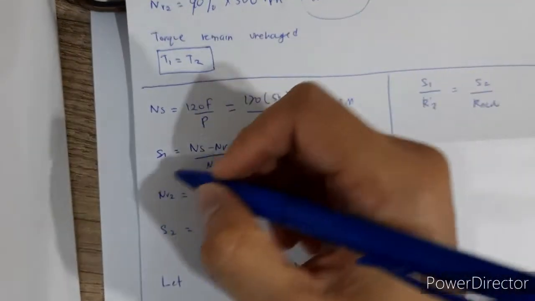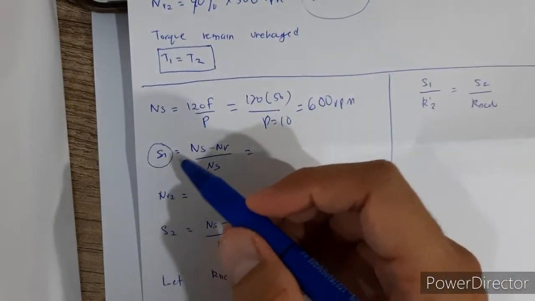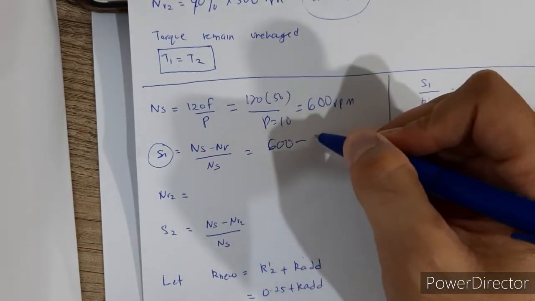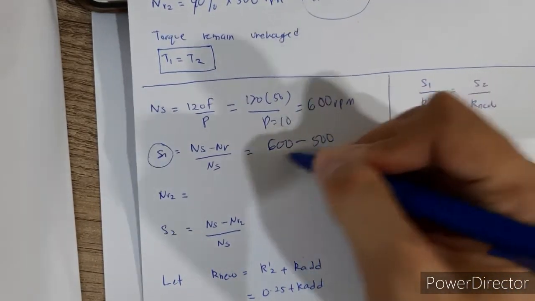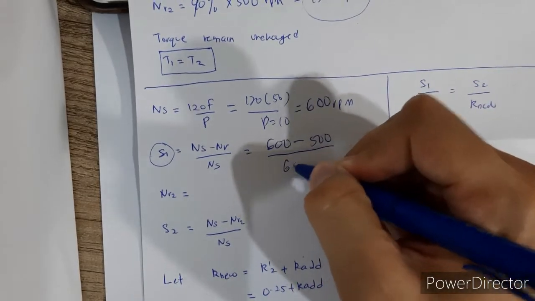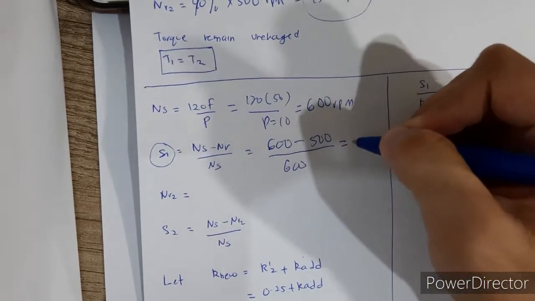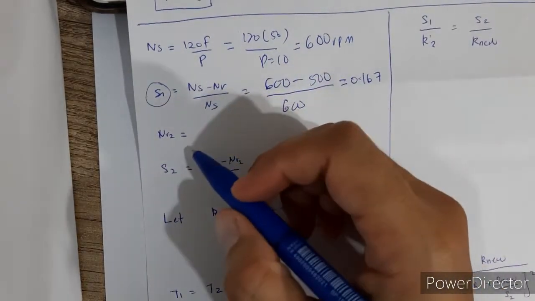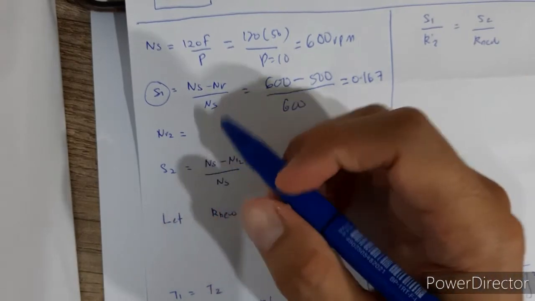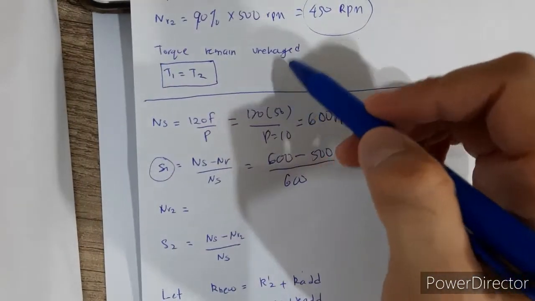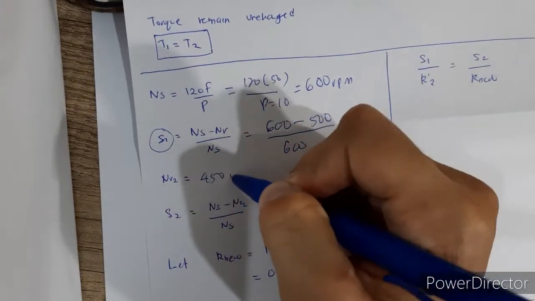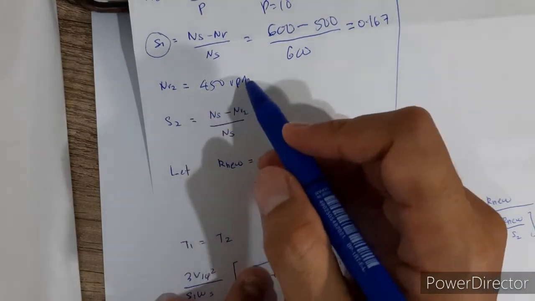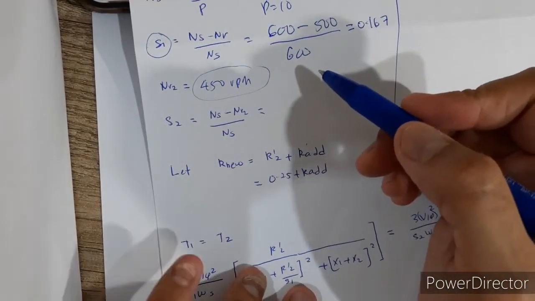Then to determine S1, the slip at normal condition: 600 minus NR, which is 500, the rotor speed, divided by 600. You will get 0.167. And then NR2 is 90% of 500, which is 450 rpm. So we can determine S2, the slip at speed 450 rpm.